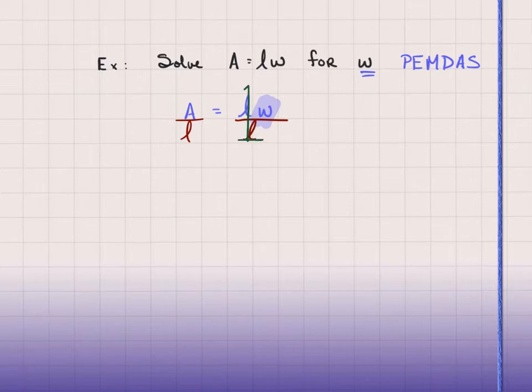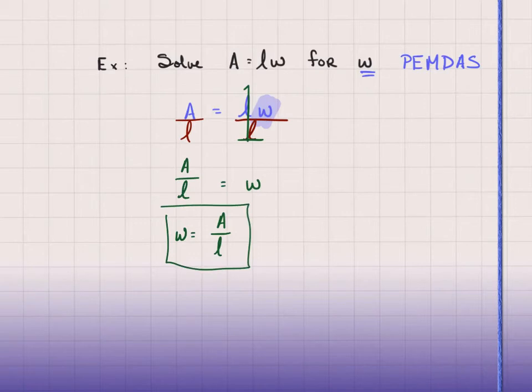They cancel each other out. So the right-hand side becomes W, and the left-hand side becomes whatever it is, in this case A over L. And you've just solved that formula for W. Now in general, when they ask to solve for it, we're going to flip that around. So it says the width of a rectangle would be equal to its area divided by its length. So just a one-step little problem.